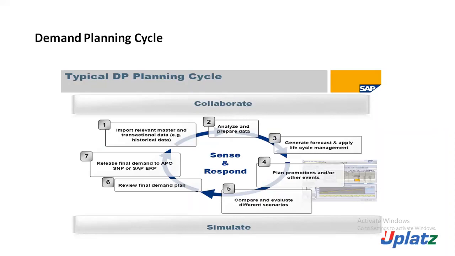To generate the statistical forecast in APO DP, we have different methods like univariate method, MLR method, and composite method. But 99% of players are going to use the univariate method only, and I covered univariate only. Under univariate, we have different algorithms to generate the statistical forecast. To maintain all these things, we need to maintain the forecast profiles.